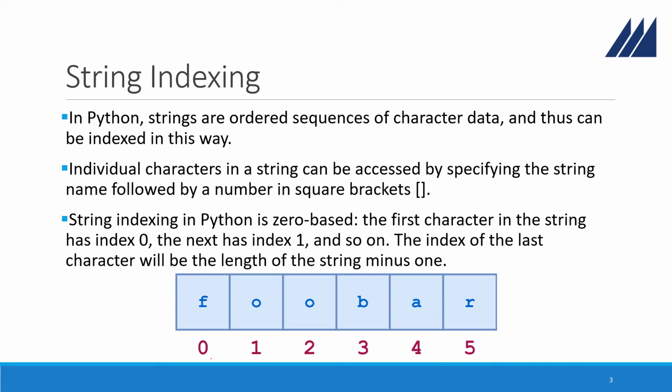The second character is index number 1, and so on until the last character in the string. In order to access any one of these characters, you have to specify the index of that character and use square brackets after the string name.